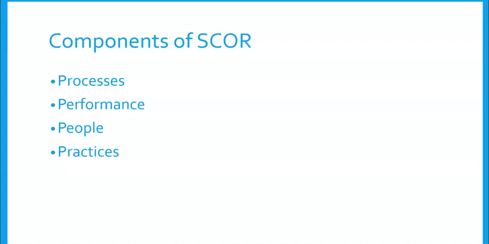And the practices section is industry practices that are considered best practices across all supply chain management to help you have a best practice performance to strive to as part of your supply chain.